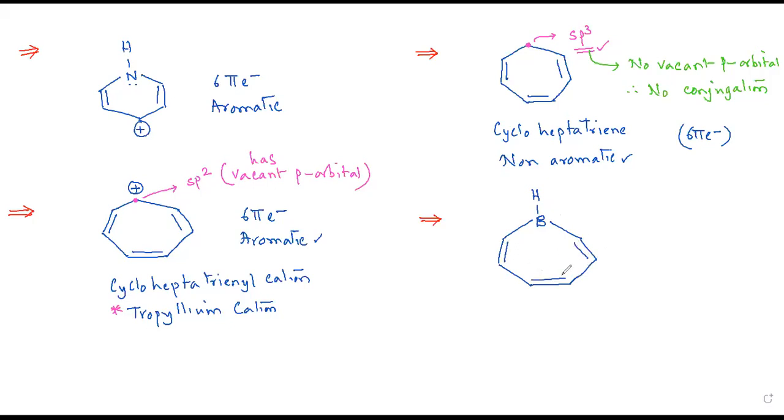So even this boron, which is of sp2 type, will have a vacant p orbital. So even this also is aromatic.